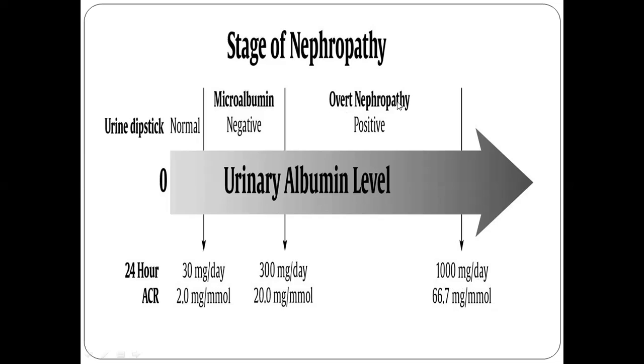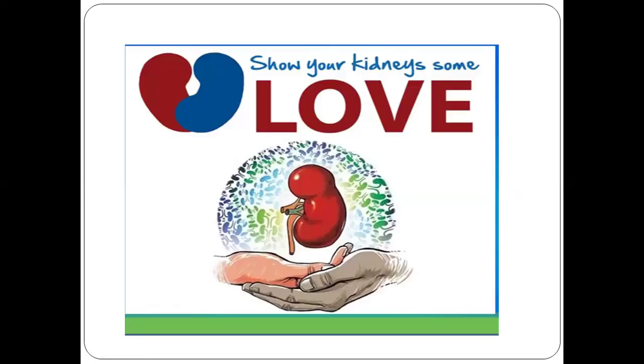So overt nephropathy is there, and it is a life threatening condition. So you have to respect your kidney. You have to maintain your healthy weight, maintain your lifestyle, and modify your dietary pattern.